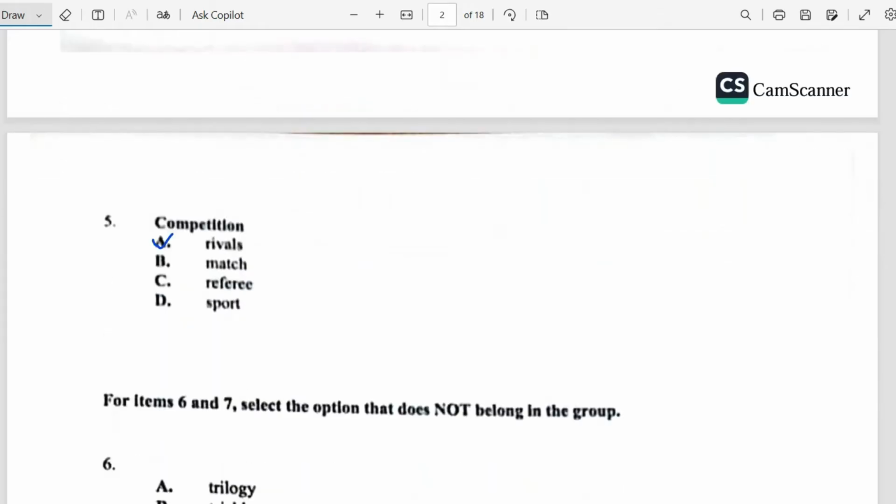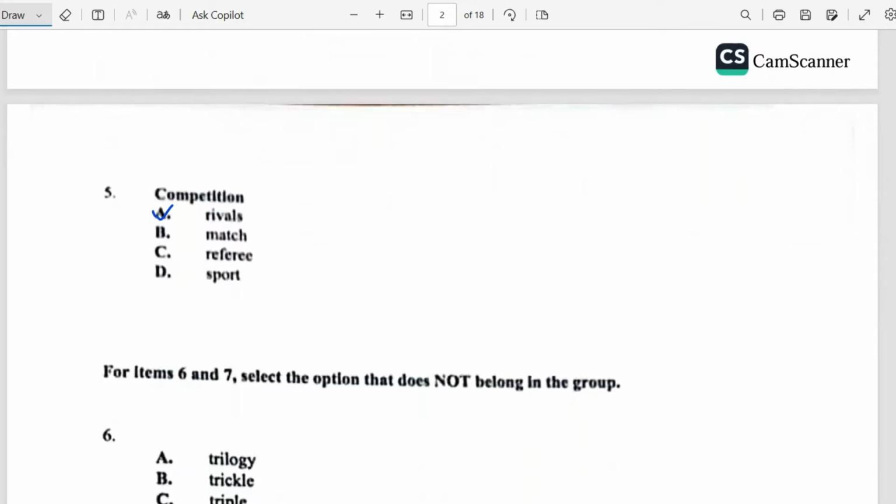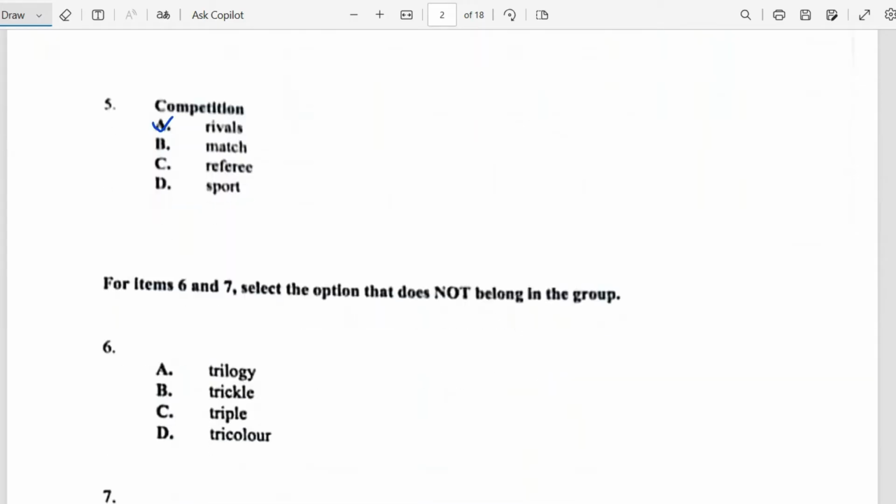For items 6 and 7, which option does not belong in the group? Trilogy, trickle, triple, tricolor. The correct answer is trickle, because trilogy, triple, and tricolor are all referring to things with three, and trickle is the odd one out.